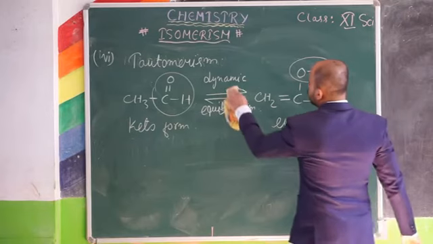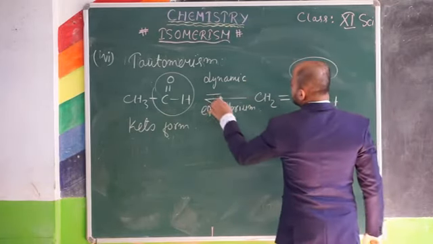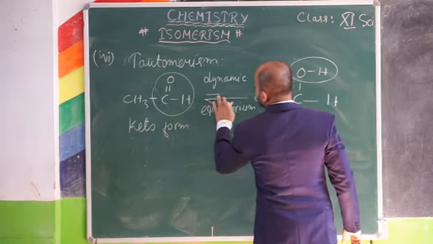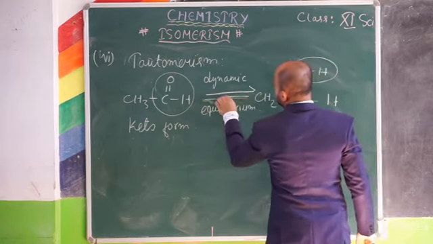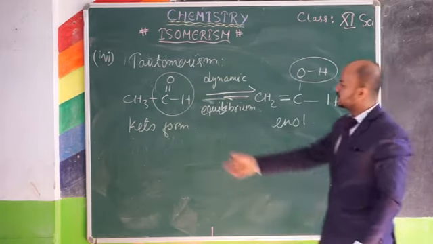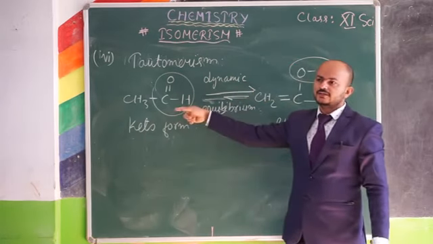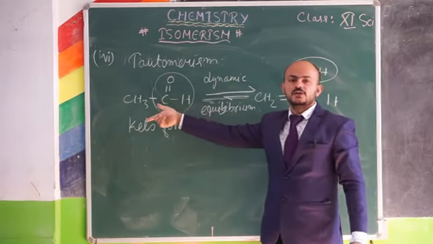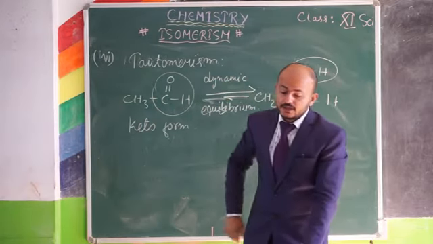And to tell it approximately, this forward reaction is more compared to the backward reaction, because this is the more stable form. So more amount of it will be converted to this, but some of it will also be converted to this form. Okay, this is known as dynamic equilibrium.